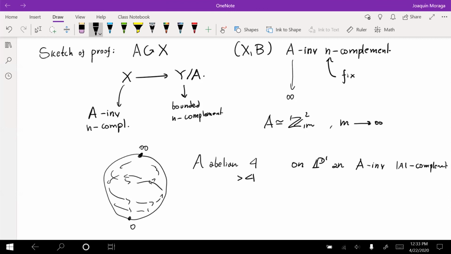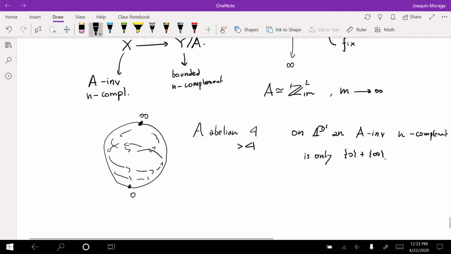So what I'm saying is that once you fix n, let me just write n here for some fixed n, and increase A, the outcome that you will hope for is that your boundary becomes reduced. So it's only 0 plus infinity.